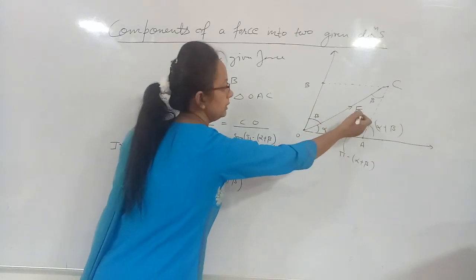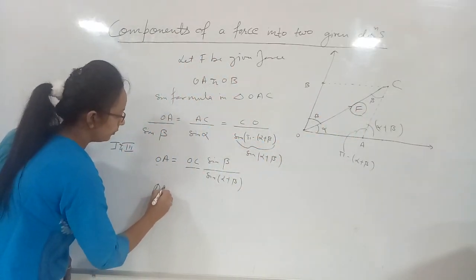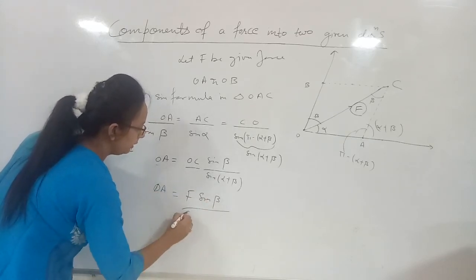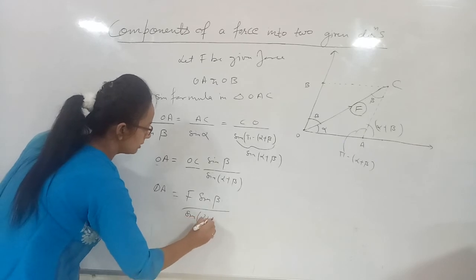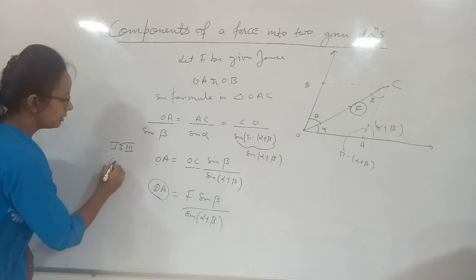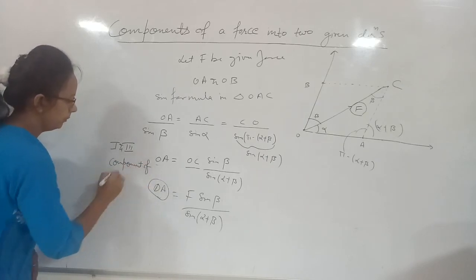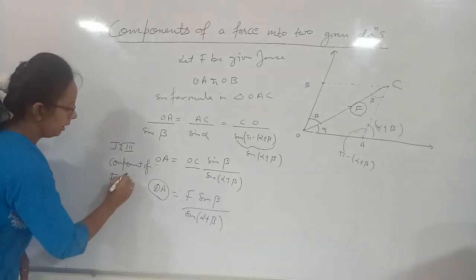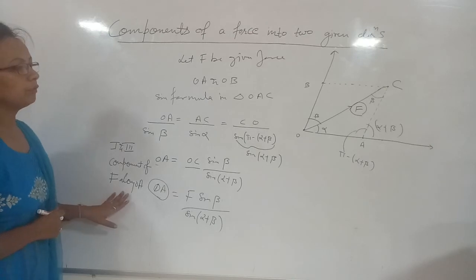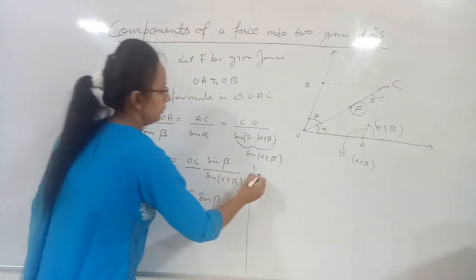From the figure OC is F. So OA is equal to F into sine beta divided by sine (alpha plus beta). So this is OA, means this is the component of F along OA.